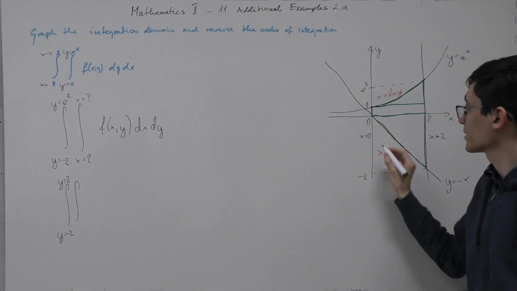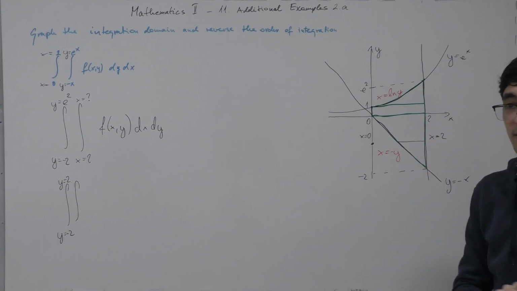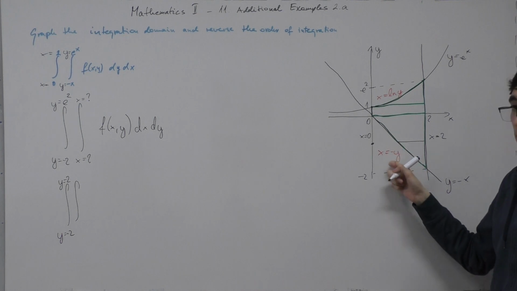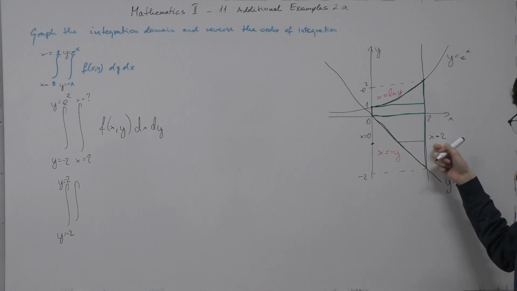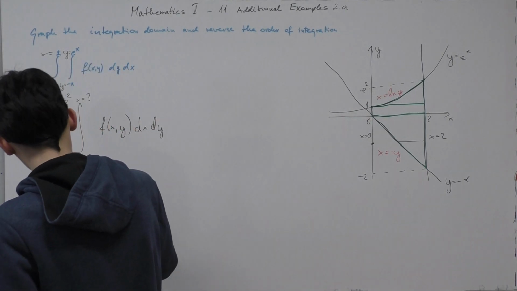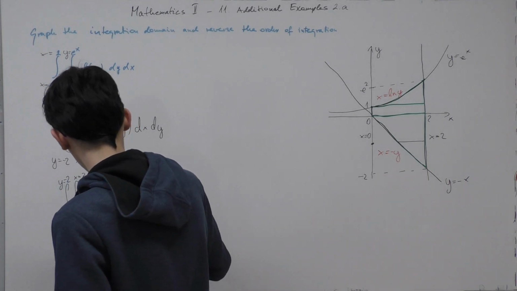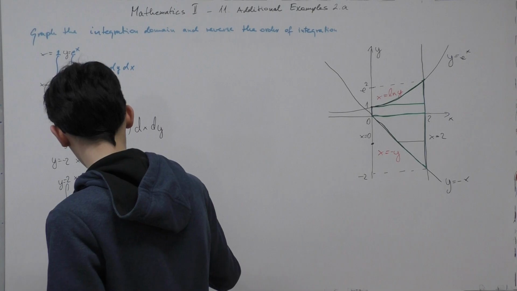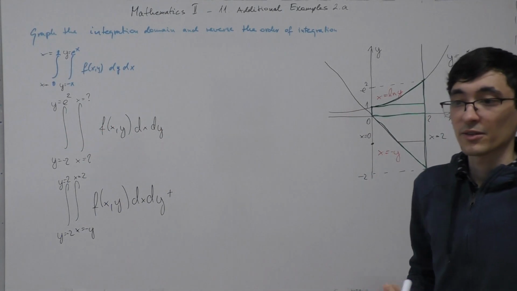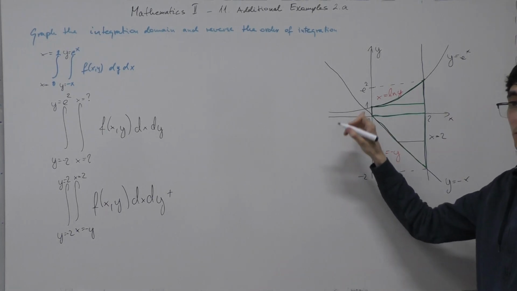And now we can see that if y is, for example, here, we have this line segment here, with x going from negative y to 2. And of course we have our function here, dx dy.